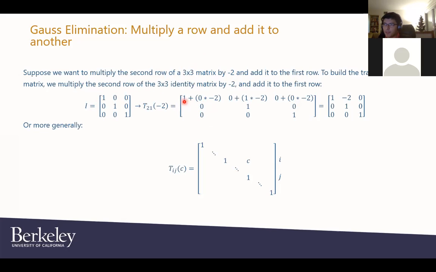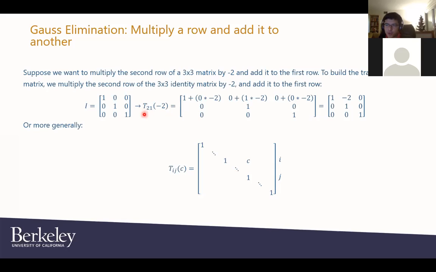The first row, which is 1, 0, 0, plus -2 times the second row. So -2 times 0, -2 times 1, which is the second element of the second row, -2 times 0. And we end up with this transformation matrix. If we pre-multiply a 3x3 by this, our result will be the same matrix, but with the first row now being the first row minus twice the second row. And the nomenclature we use is T 2,1 of -2.